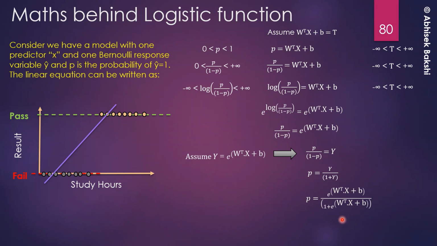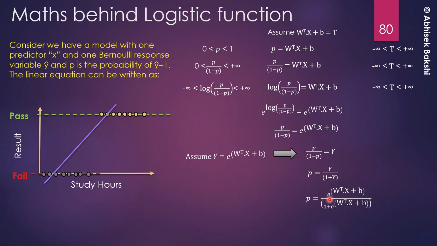Now the question is what we can do here. We can divide the numerator and denominator both by e to the power w transpose x plus b. If we do that, what will happen?